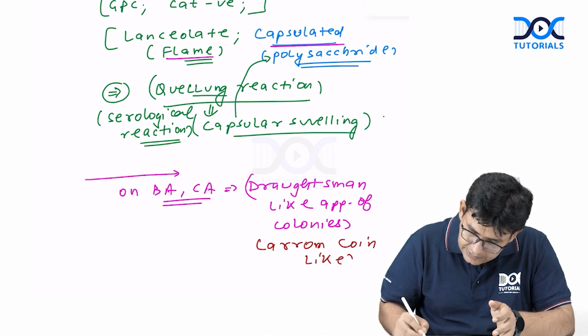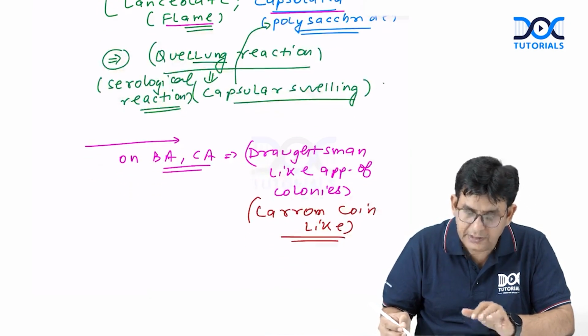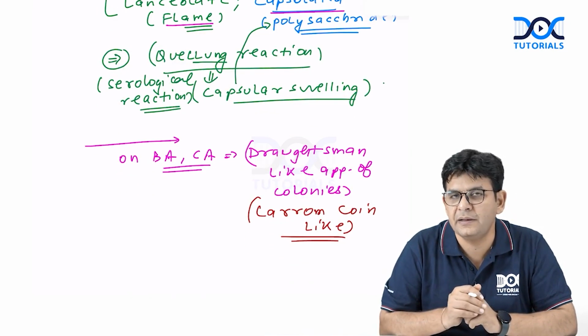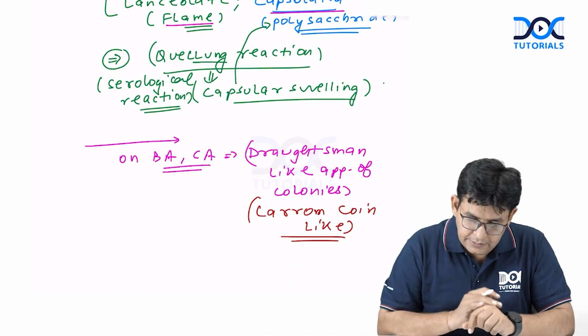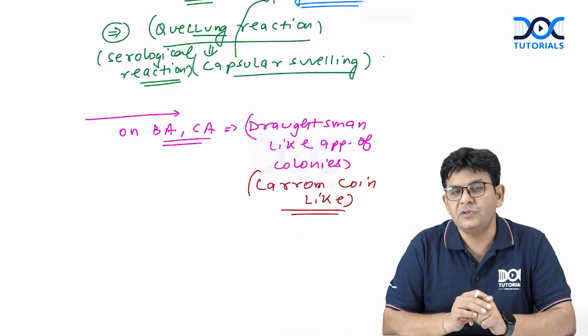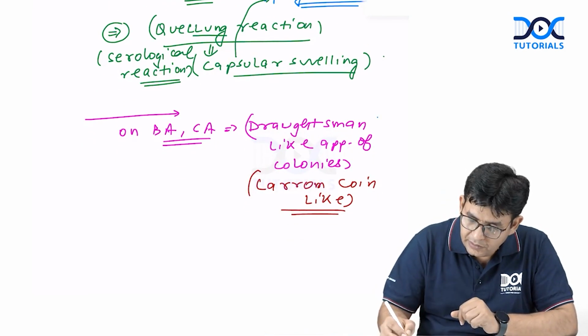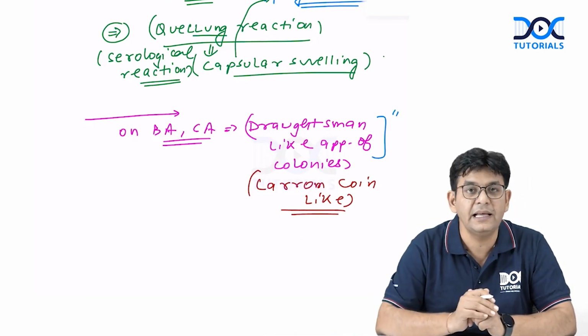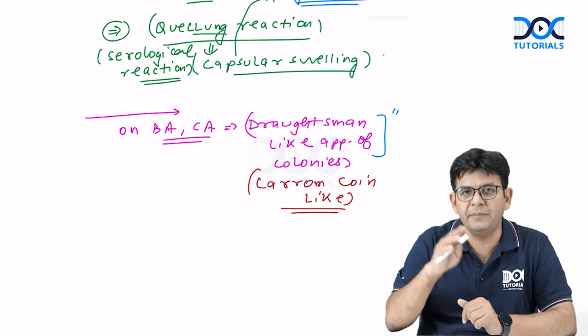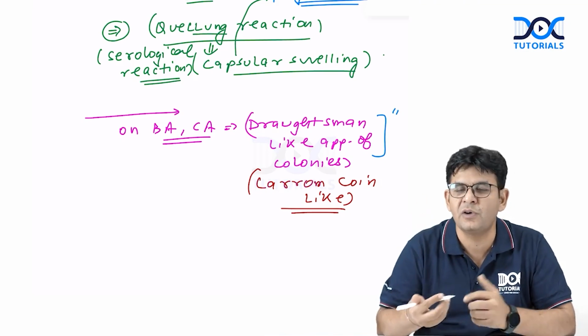So this also needs to be remembered regarding the colony shapes. It looks like a carom coin, somewhere depressed, somewhere elevated. That is what is termed as draughtsman-like appearance.